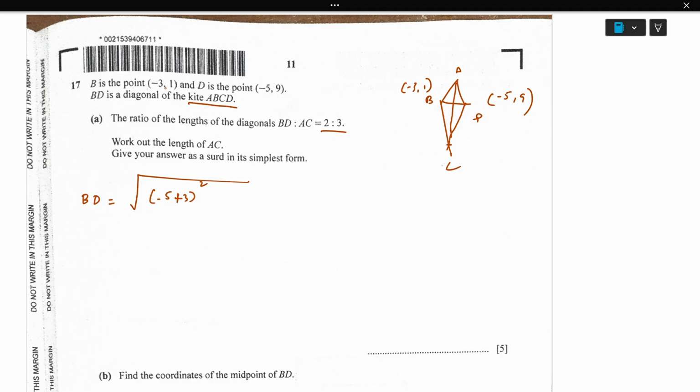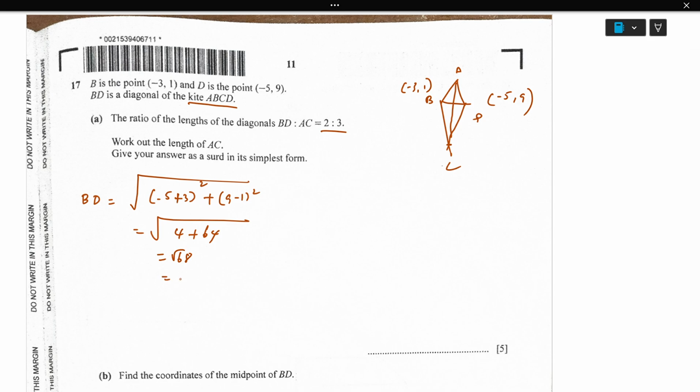because x2 minus x1. So minus minus is plus 3 whole squared, plus (y2 minus y1) whole squared, which is (9 minus 1) whole squared. Minus 5 plus 3 is negative 2. Negative 2 squared is positive 4, plus 9 minus 1 is 8. 8 squared is 64, which is square root of 68.